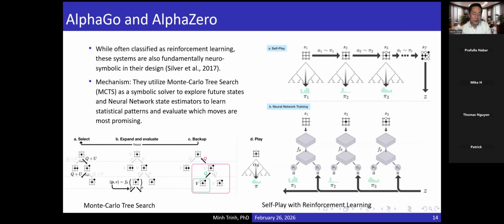So AlphaGo, AlphaZero, they are important. Here's more, as a reminder, the role of reinforcement learning. I could say that this is somehow a neurosymbolic system, right? It's combining neural networks, and neural networks have been used for this Monte Carlo tree search, right?